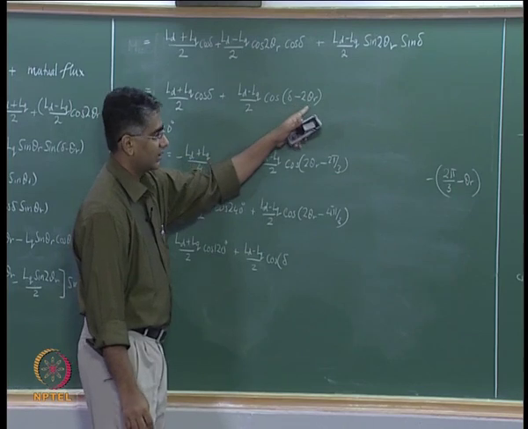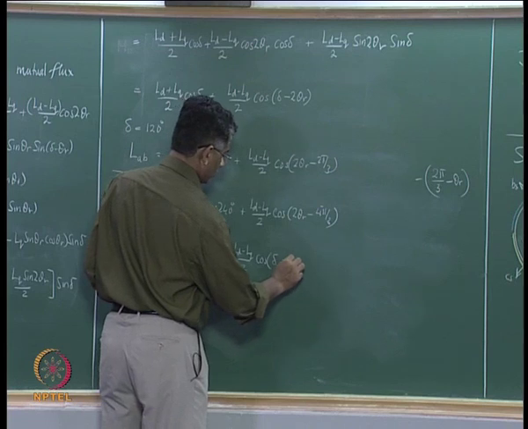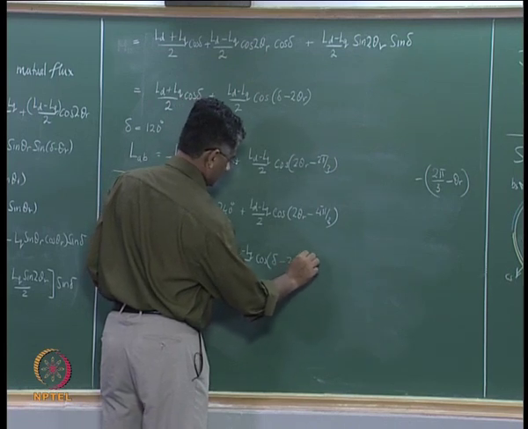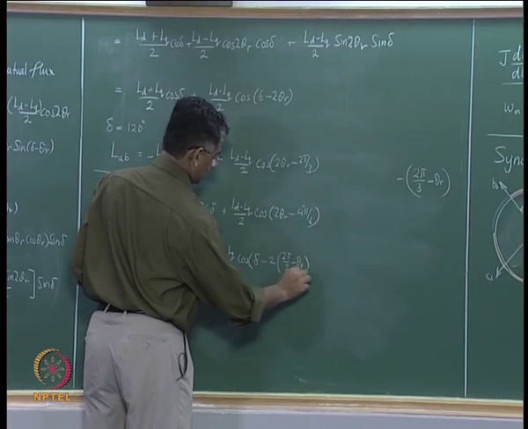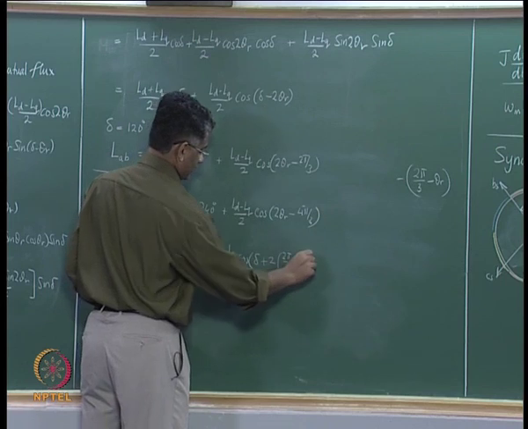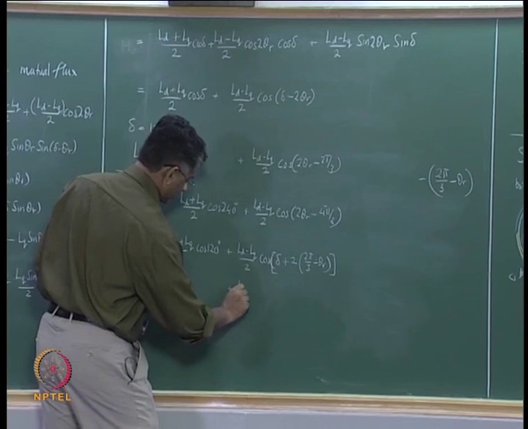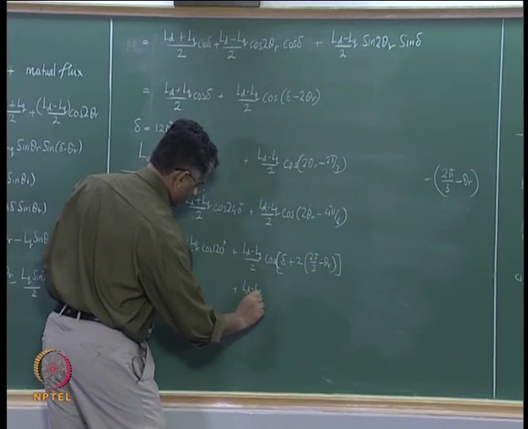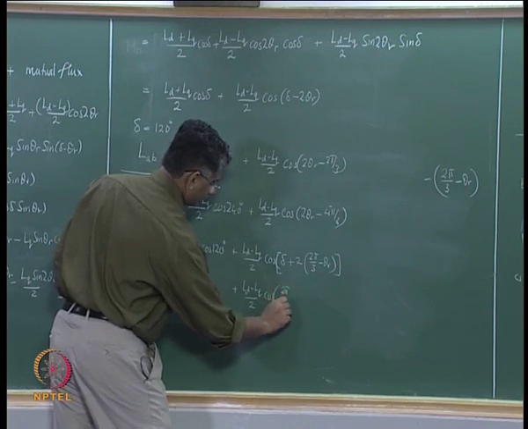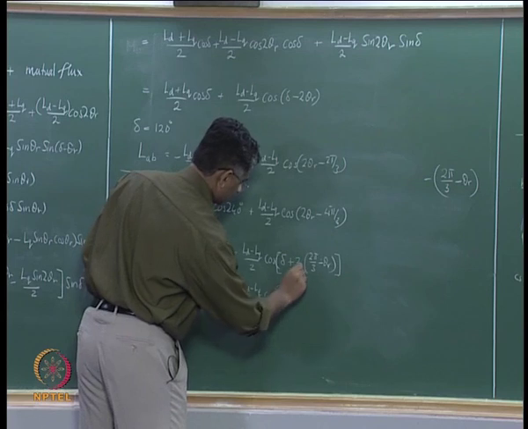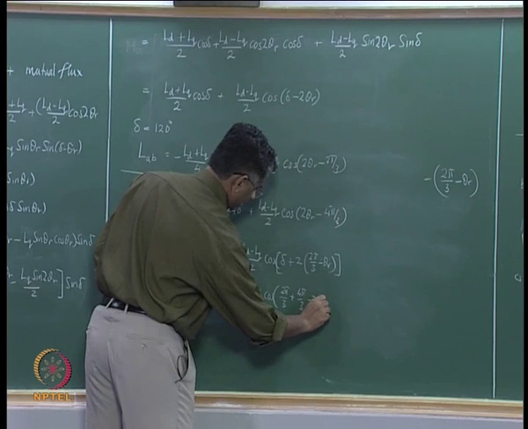Instead of theta r we are going to substitute that, therefore minus 2 times 2 pi by 3 minus theta r, and because that is negative this now becomes plus, and therefore the second part of the term becomes LD minus LQ by 2 into cos of 2 pi by 3 plus 4 pi by 3 minus 2 theta r.